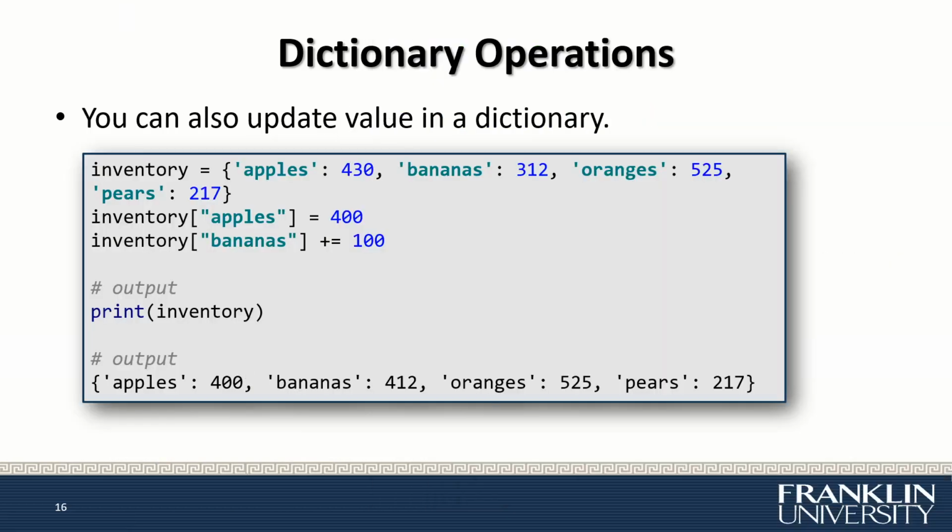You can also update the value in the dictionary. In this case, I show the answer for the inventory with the apples, bananas, oranges, and pears. And you can change the value. As you can see, a dictionary is mutable. You can change the value in the dictionary.